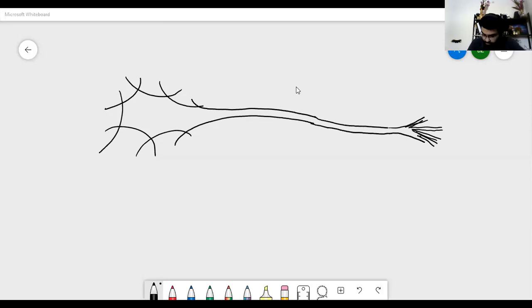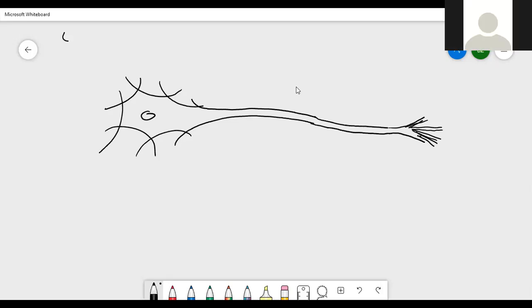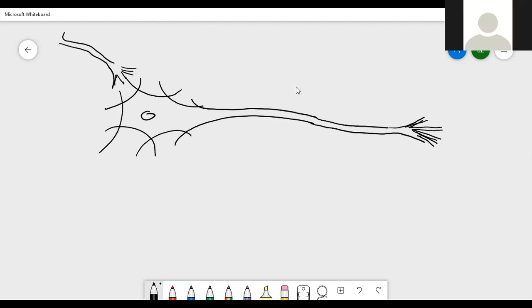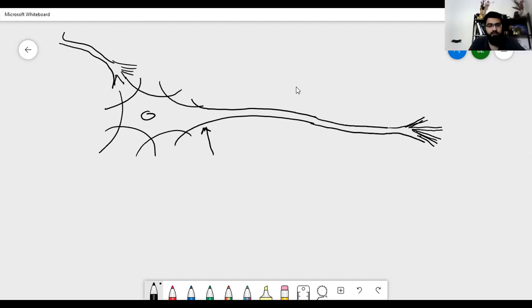Last time we said the neuron could be stimulated by another neuron, or by any stimulus from outside, from the environment.